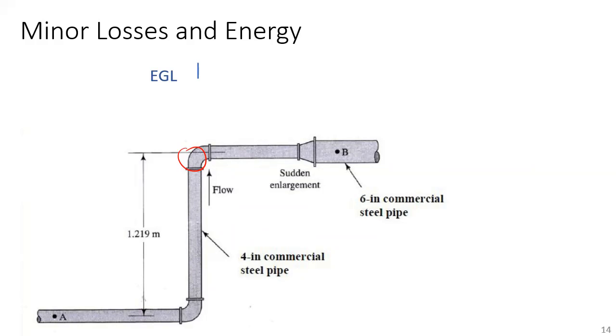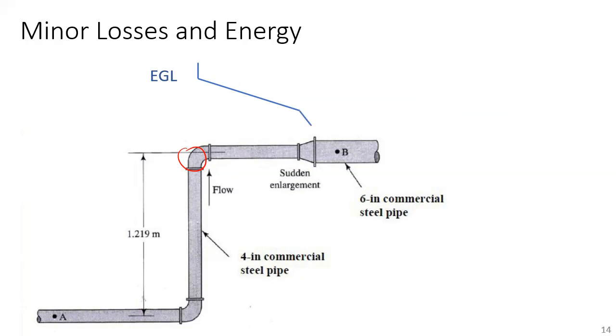We have energy losses over and above those due to friction. And then in the smaller diameter pipe, the 4-inch commercial steel pipe, we have energy losses just due to friction. And that's why you have a constant slope to the energy grade line. If we took that total drop and divided it by the length, we get the slope to the energy grade line.